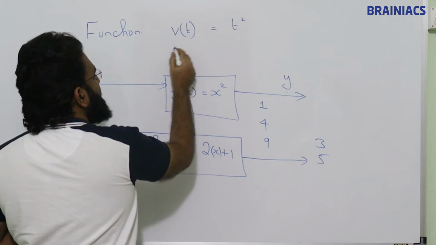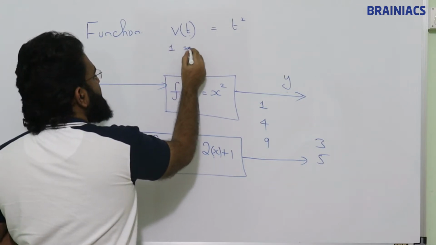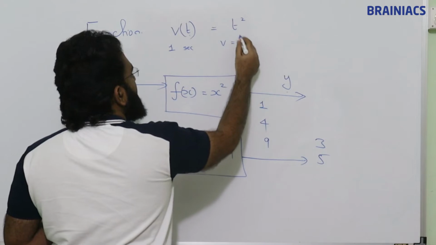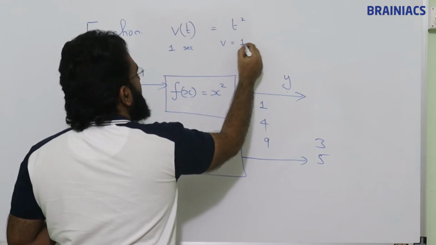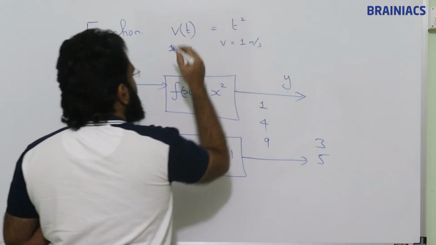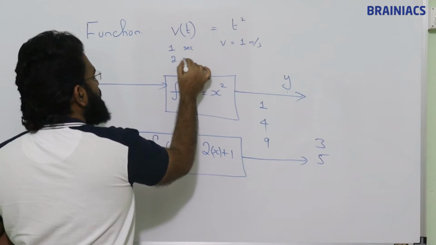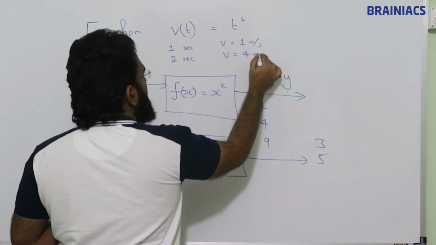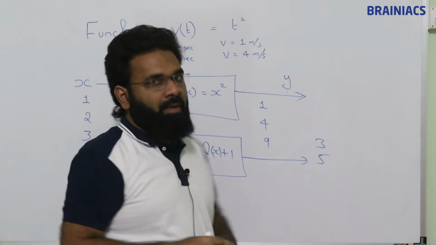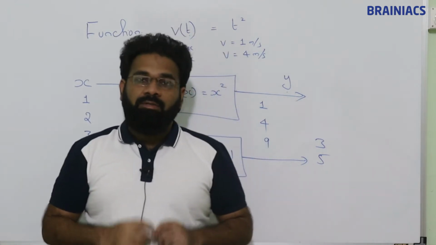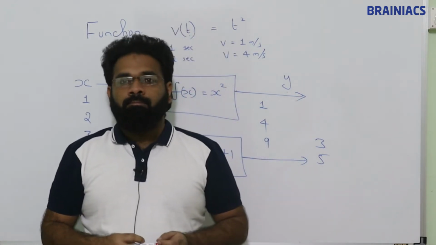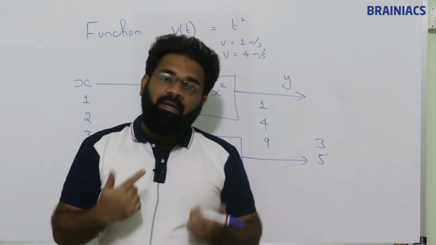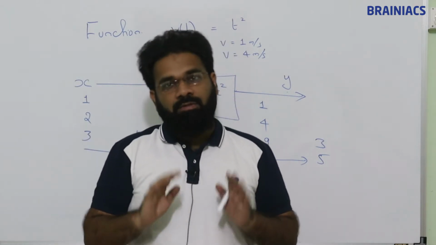Then when we give 1 second, the velocity value will be 1 square, 1 meter per second. When we give 2 seconds, the velocity's value will be 2 square, that is 4 meter per second. So when we say velocity is a function of time, that means based on time the value of velocity will change.